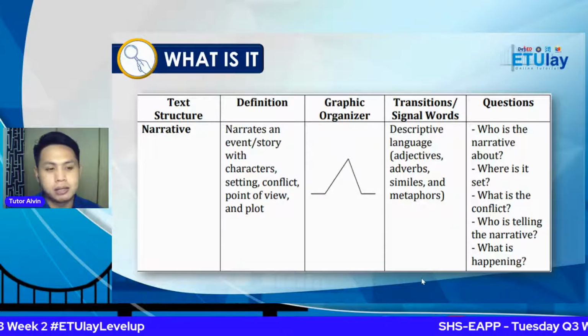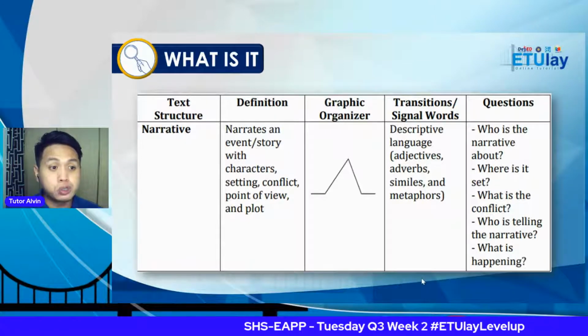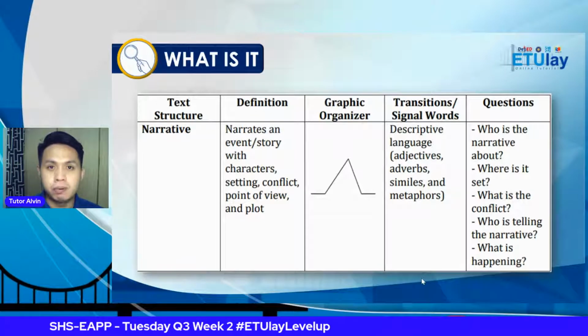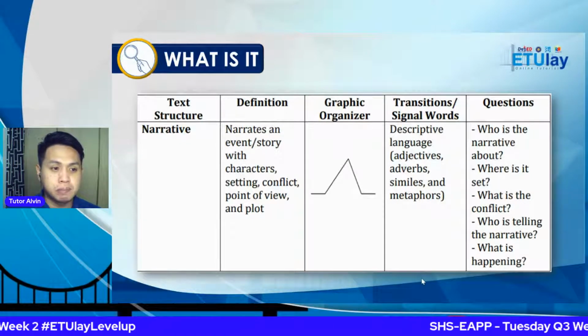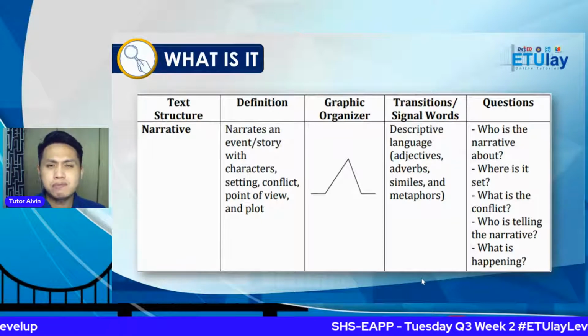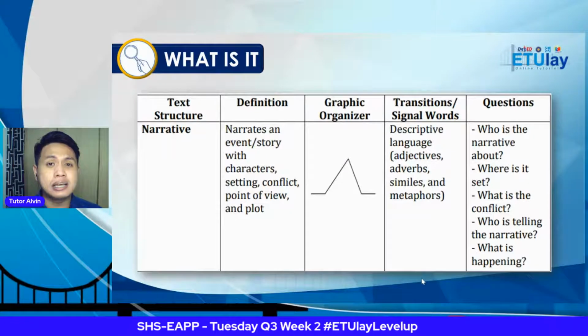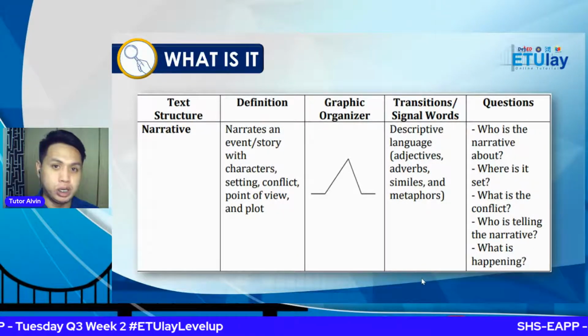That's correct, Alan Mark. So now, what are the signal words for you to determine that the author used narrative here? It's very simple. Using descriptive language, just like adjectives, adverbs, similes, and metaphors. And it's very easy to identify the text structure used here.